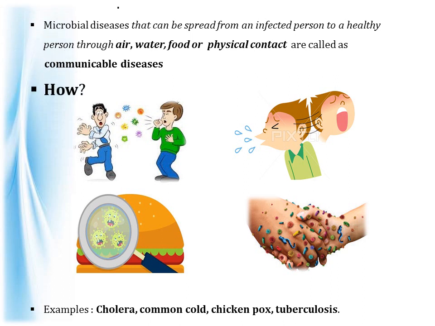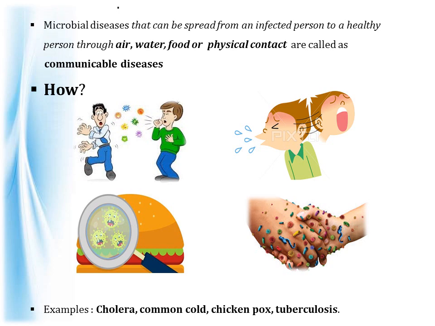Now, how do these communicable diseases spread? When a person having a cold or cough sneezes, fine droplets of moisture carrying thousands of viruses are spread through the air or through the water or the food around the infected person.